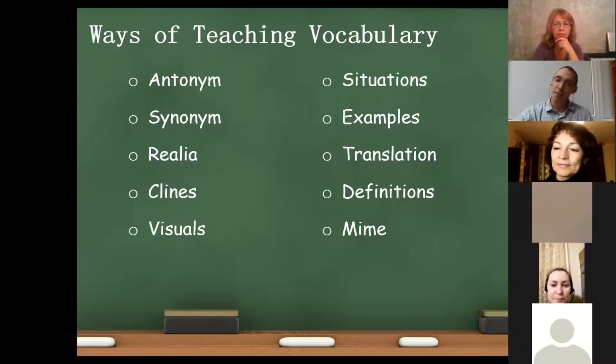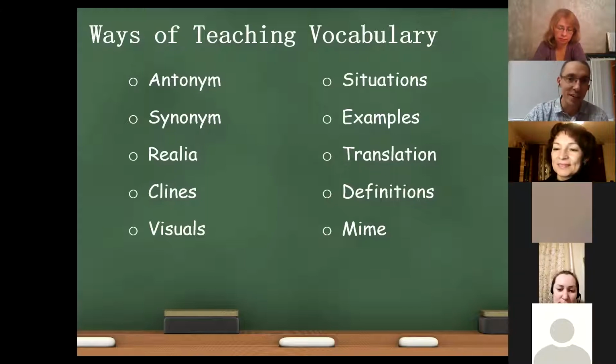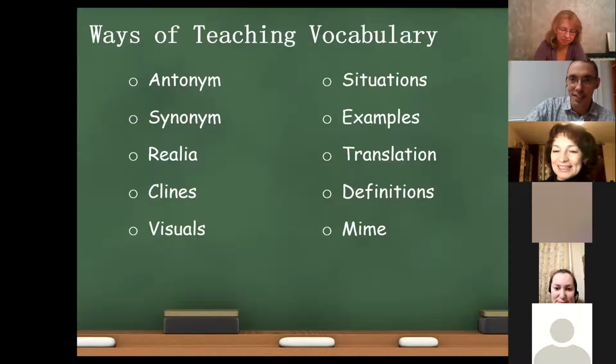Examples, translation. It is a tool too. It's not my favorite, but it is a tool too. Definitions. And of course, mime, as we talked about already. Mime is one of my favorites, but maybe it's because when I was a child, I wanted to be an actor. So maybe that's why it's one of my favorites.